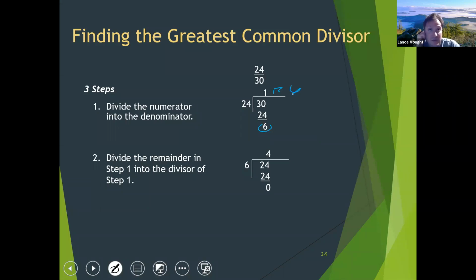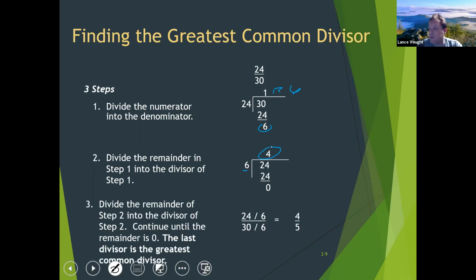That remainder tells you, assuming that the numerator is divisible by that remainder, that you can take the numerator and divide it by that remainder to get a simplified numerator, and then do the same thing on the bottom, and then you get 4/5. And because there's no remainder here, you know that's the most simplified it could be.